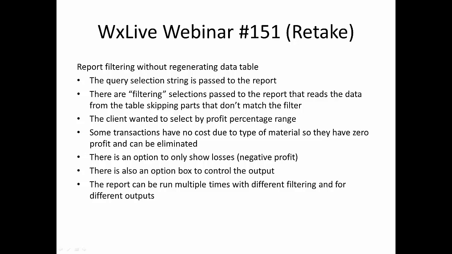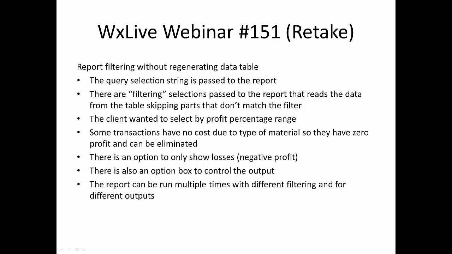The selections that can be done on the table were things like only showing parts that have a certain profit percentage range, or eliminate those transactions with no cost because they're a type of material that have zero profit. There's an option to show only losses, and there's also an option box that controls the type of output.